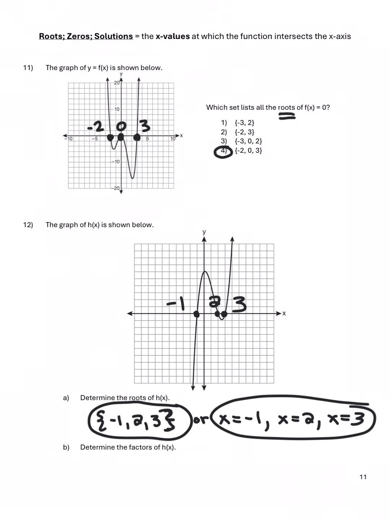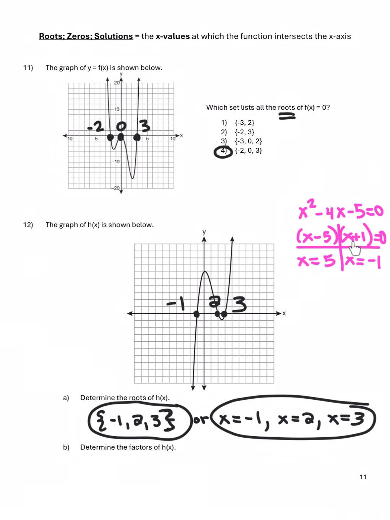Okay, now part B says determine the factors. Now what I wrote up here in pink, you do not have to copy this down. I'm just using this to show you how factors correspond to roots or zeros. If you were given an equation to solve, the first thing we do is factor it, and then when we solve, from a factor of x - 5, we get x equals +5.